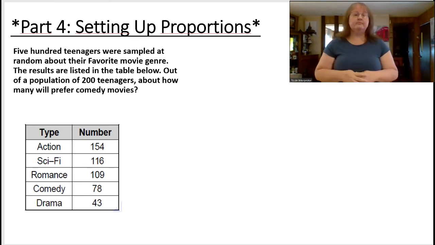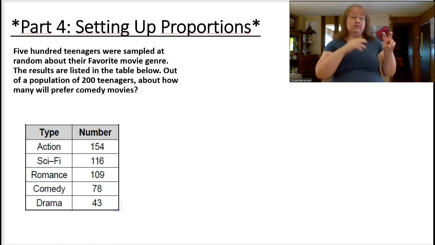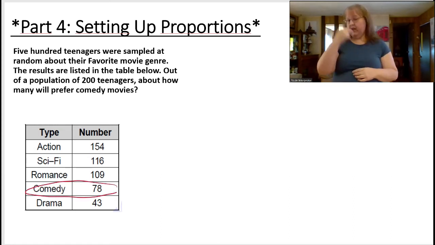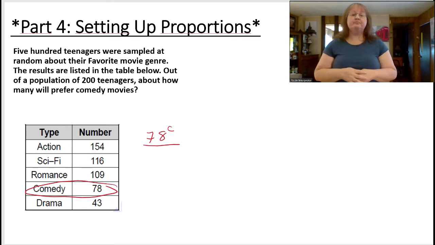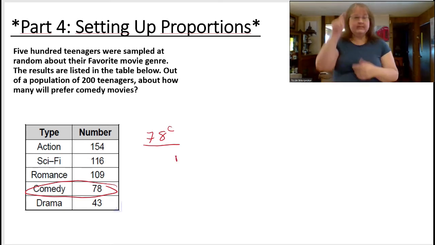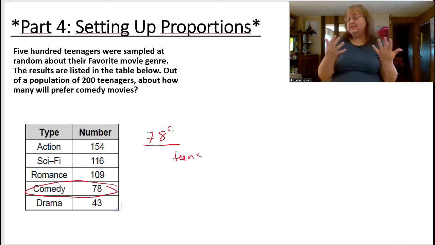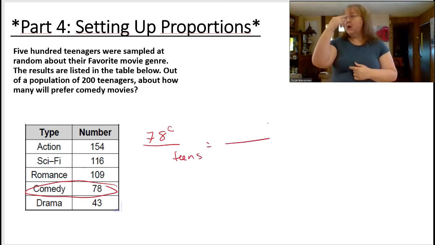Well, comedy, there's 78. So 78 comedy out of a total population. So I'll put teenagers equals something, comedy over teens.